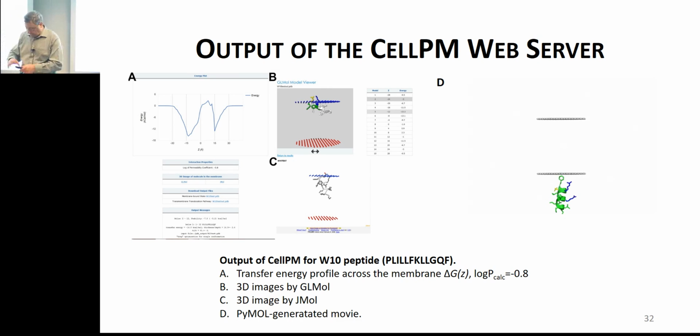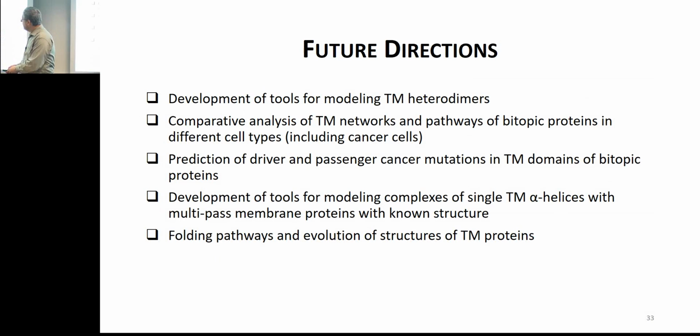And finally, I would say something about our future directions, because we have big plans. We submitted, and are planning to submit, several grant proposals right now, and depending on what will be funded, we may do different things. One of them is development of a method for modeling transmembrane heterodimers rather than homodimers.